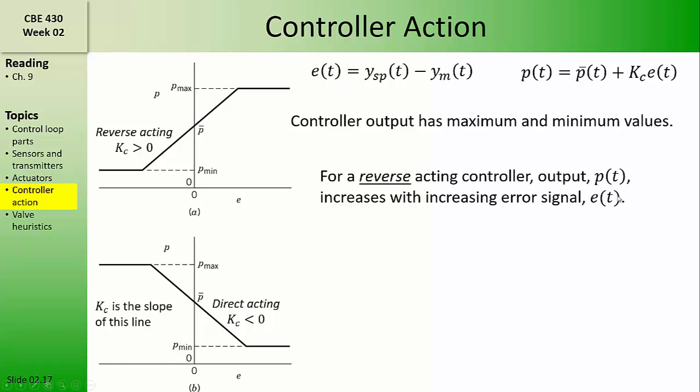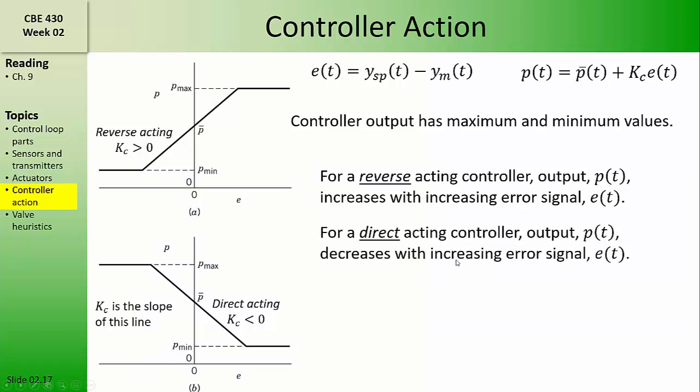Therefore, when the measured value of the controlled variable goes up, the controller output goes down, and that's why this is called a reverse acting controller. Because the controller output is computed by multiplying the controller gain by the error signal, a reverse acting controller has a positive controller gain, which is the slope of this line.